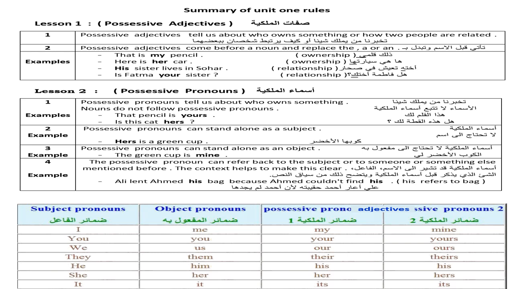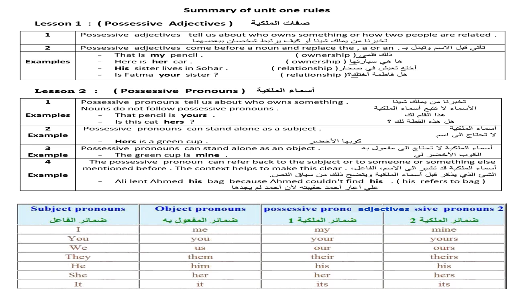Here is a green cup. Number three, possessive pronouns can't stand alone as an object. The green cup is mine.